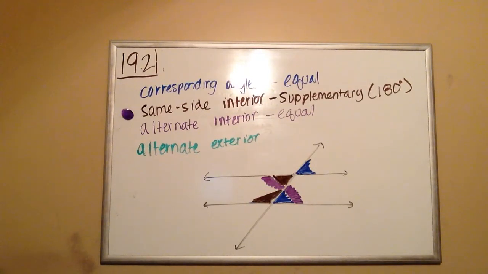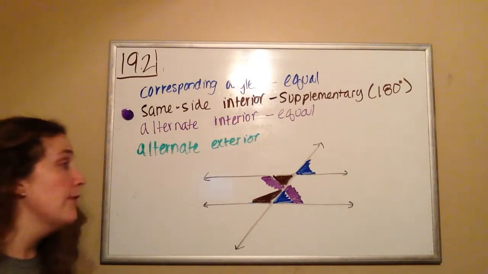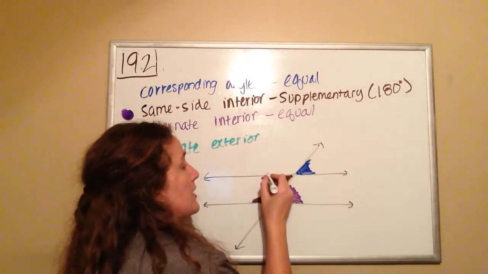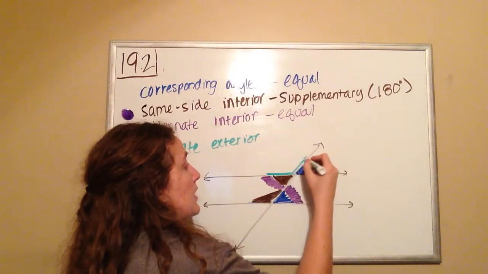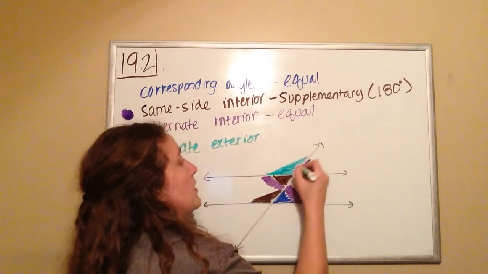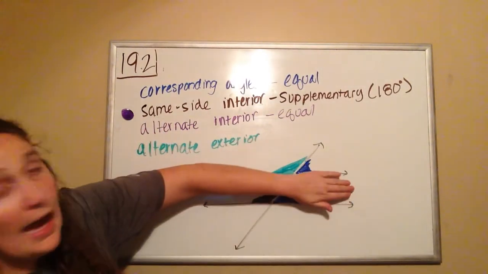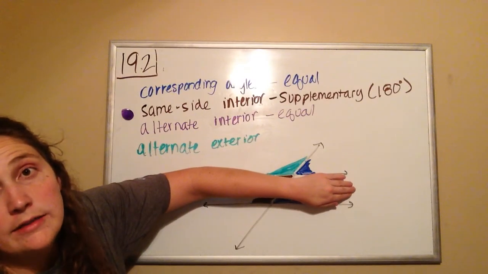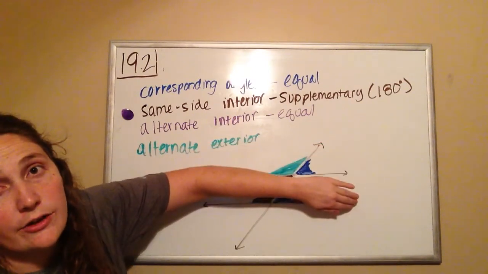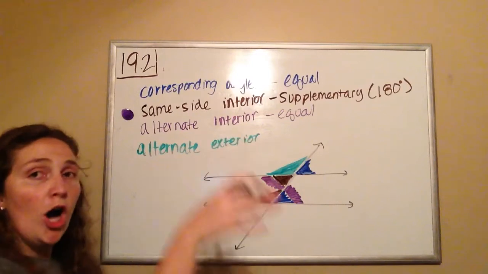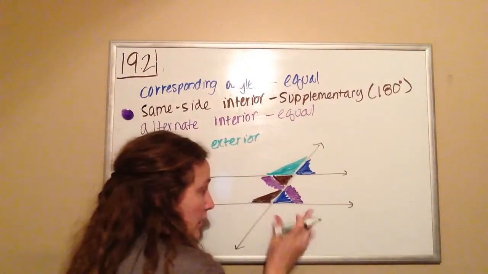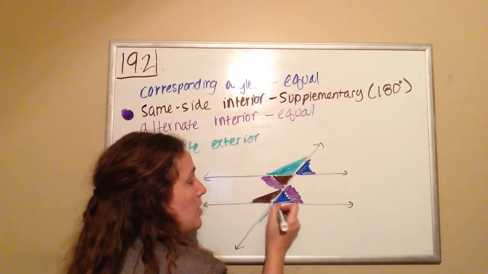The last one is alternate exterior, and I'm hoping we can guess on this one. This angle is an exterior angle because it is outside of the parallel lines. We have interior inside, exterior outside. And if we want to go alternate, it needs to be on the alternate side of it.